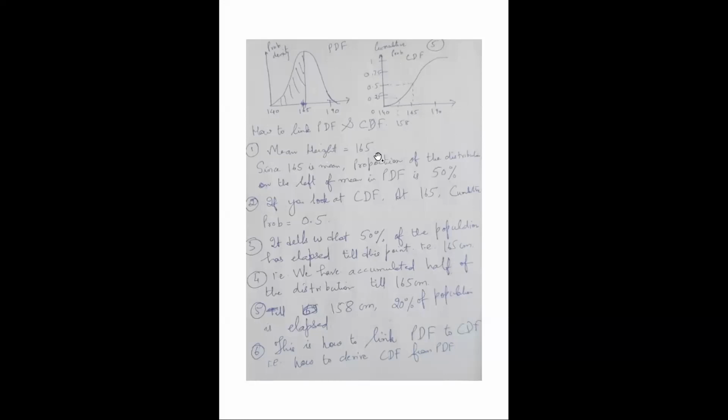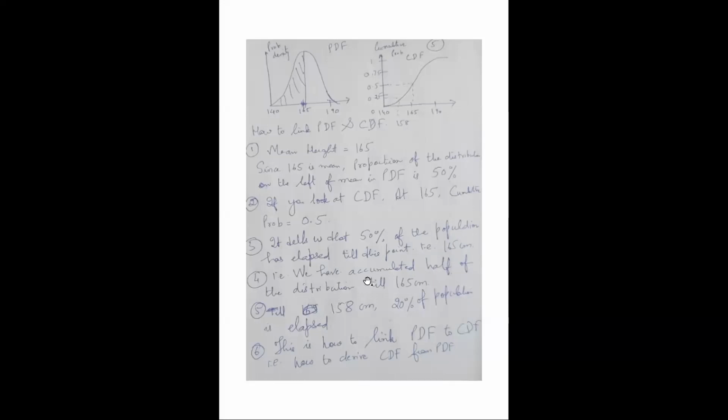So the mean height is 165. Since 165 is the mean, and this is very important, the proportion of the distribution on the left of the mean in the PDF is 50%. So 50% of the population has elapsed till this point, 165 centimeters.